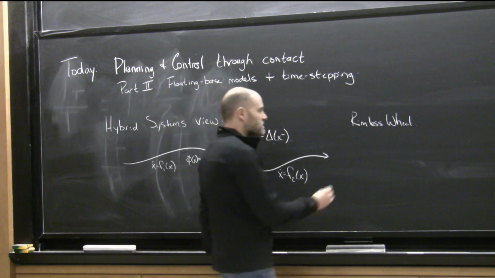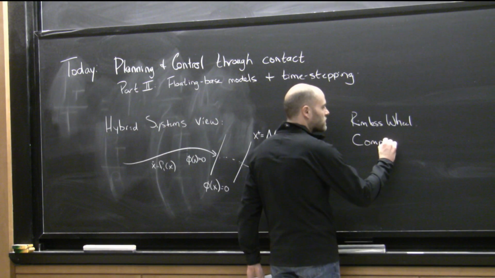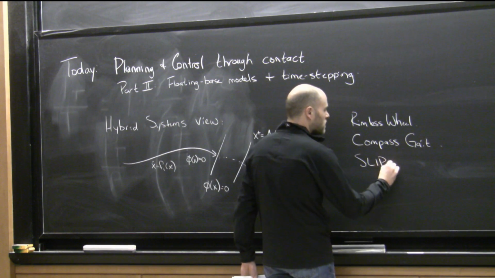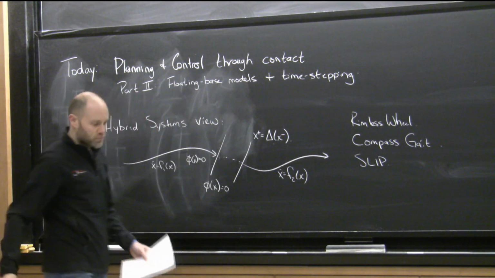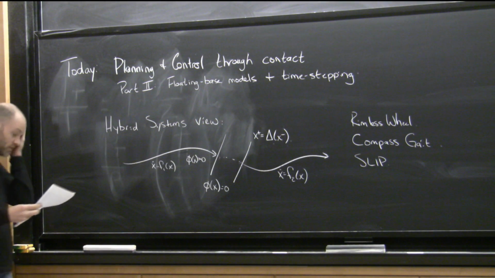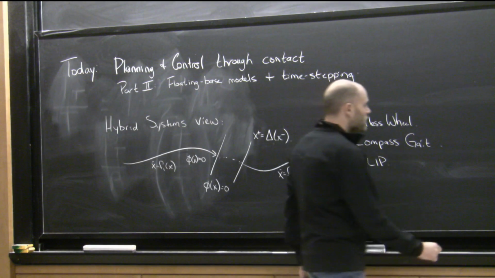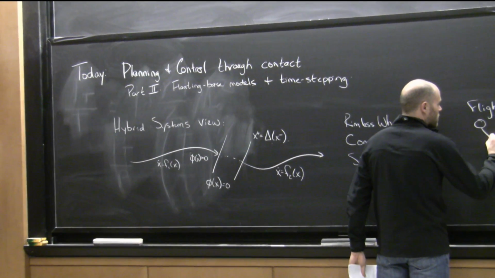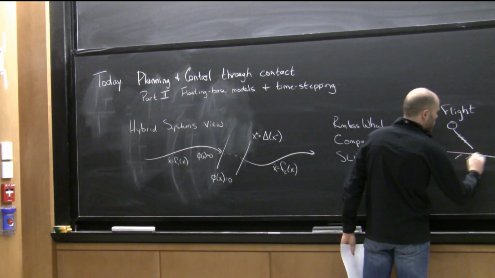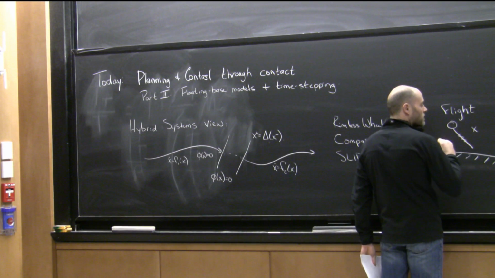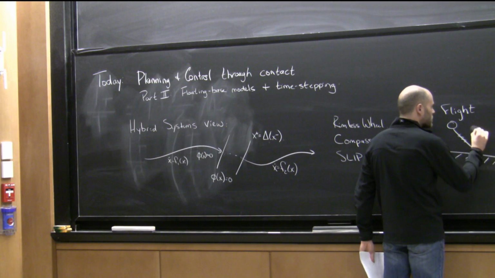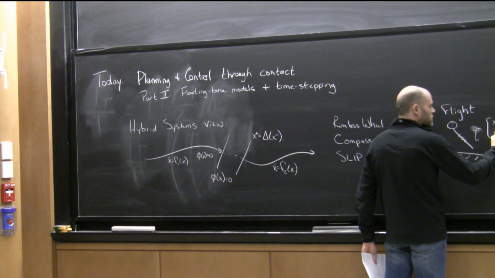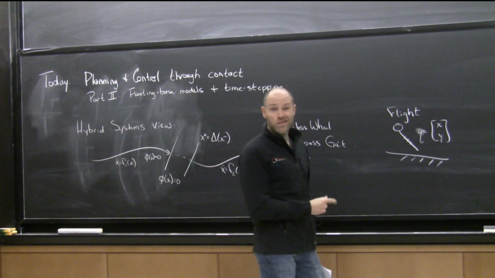I didn't go into as many details on the board, but the same thing is true in the compass gait. Certainly the same thing was true in the SLIP model. These all lived and breathed the hybrid systems modeling phenomenon. In the SLIP model, in particular, in the flight phase, when you're off the ground, we even had the coordinates, let me even just write the positions. The coordinates were given by, let's say, the x, y position of the mass, because the leg didn't actually matter.